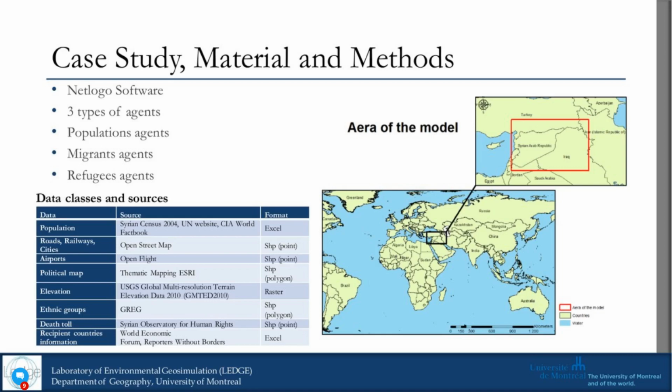We were not able to determine exactly what the decision rules were. So we simply divided the population into population agents, migrant agents, and refugee agents. We limited ourselves to this red square area, Syria and all the surrounding neighbors.